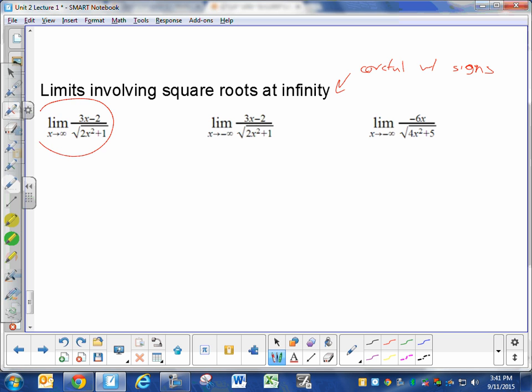Just write down this one. Limit as x approaches infinity of 3x minus 2 over the square root of 2x squared plus 1. Well, the negative 2 won't matter in the numerator, and the plus 1 won't matter in the denominator. So algebraically, you can rewrite it as this.